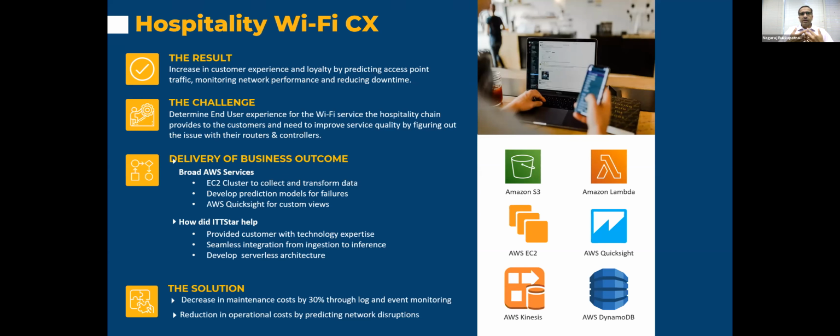So ITTStar and the team started looking at the device logs, and there was no specific API. They were able to collect the logs from all these various devices, then transform, aggregate, and clean up the data, and used it for three different purposes.